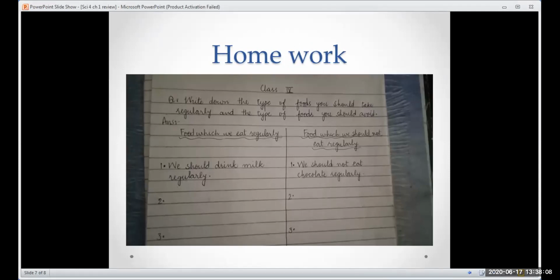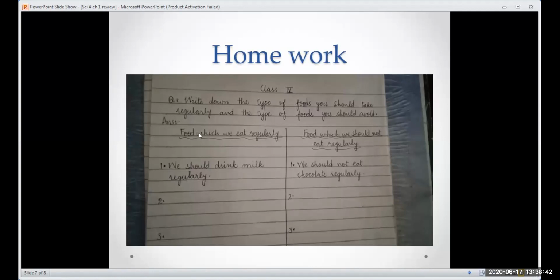You have to write down the types of food you should take regularly and the types of food you should avoid, comparing them in two columns: food which we eat regularly and food which we should not eat regularly. First point I have given to you: we should drink milk every day and we should not eat chocolate regularly. So now you have to think about more than two points.